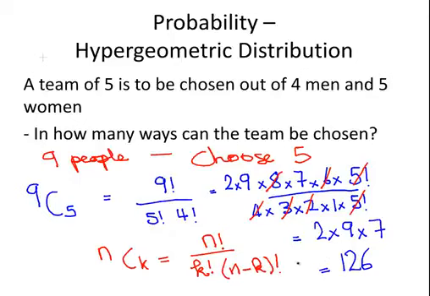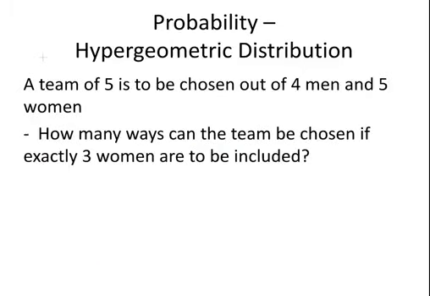Okay. So the second question is, how many ways can the team be chosen if exactly 3 women are to be included? First off, we have to pick 5 people. And if we are picking exactly 3 women, that means exactly 2 men.